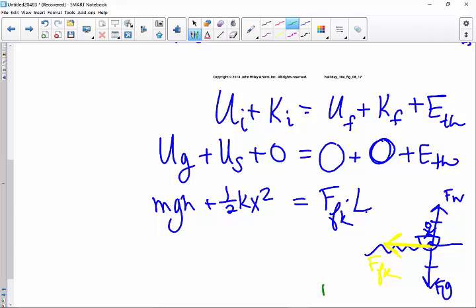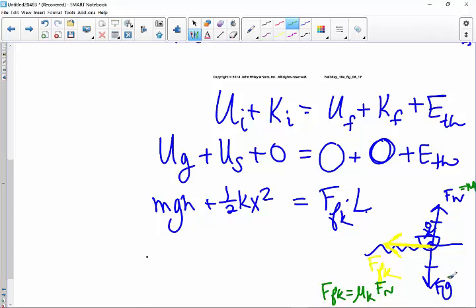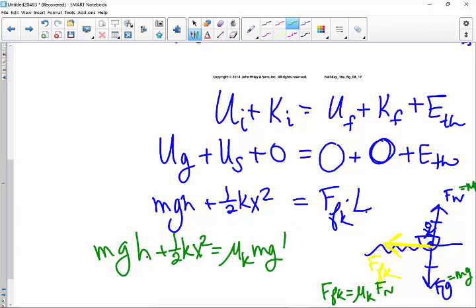So what we have to remember is the force due to friction is equal to the coefficient of friction times the normal force. In this case, the normal force must equal mass times gravity. So we'll have mgh plus 1/2 kx squared is equal to mu k mg times L.